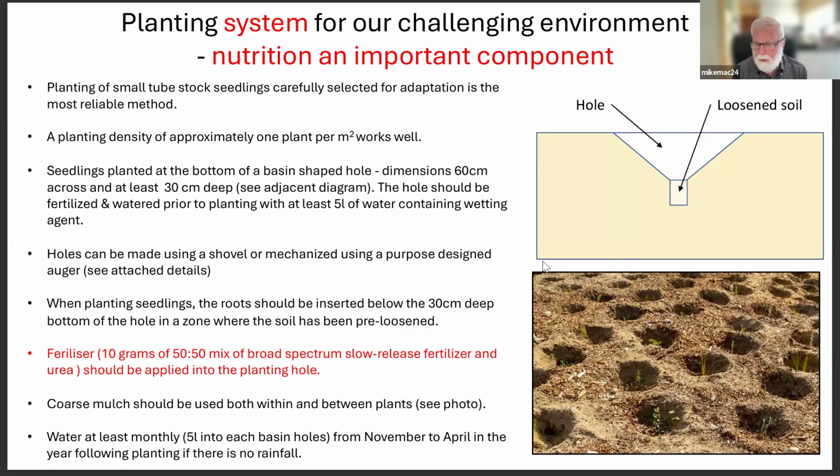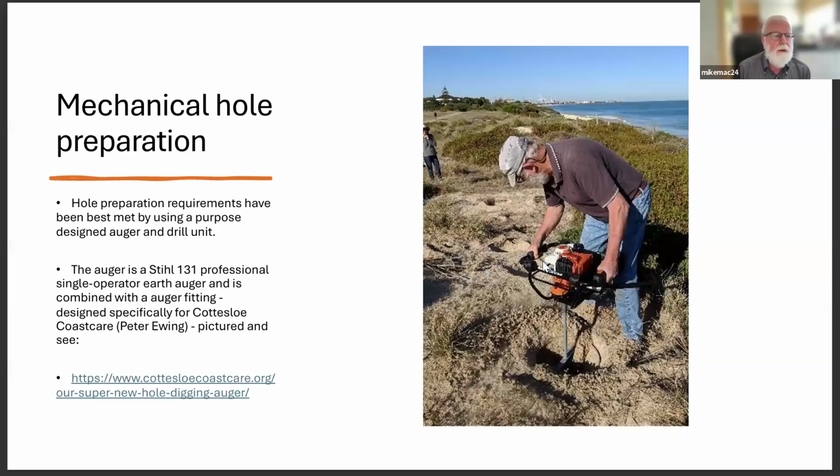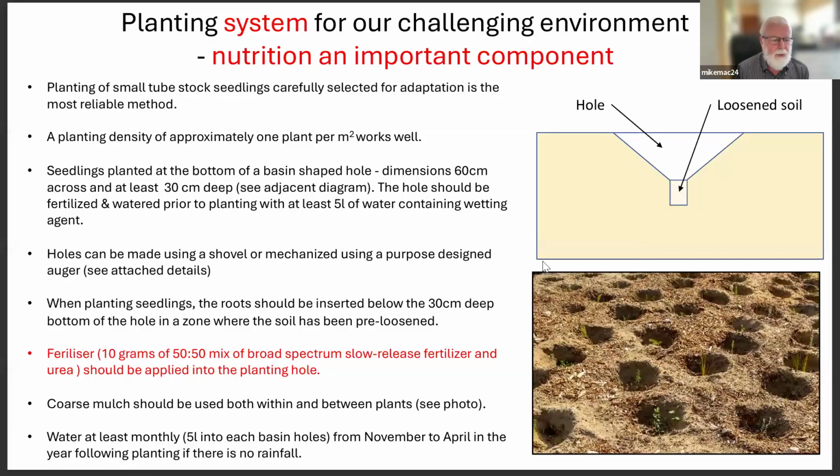If we had a lot of rain, that may not be necessary, but certainly in years like this, when it's totally dry, the watering is essential pre-planting. So they go in at the bottom of that hole.